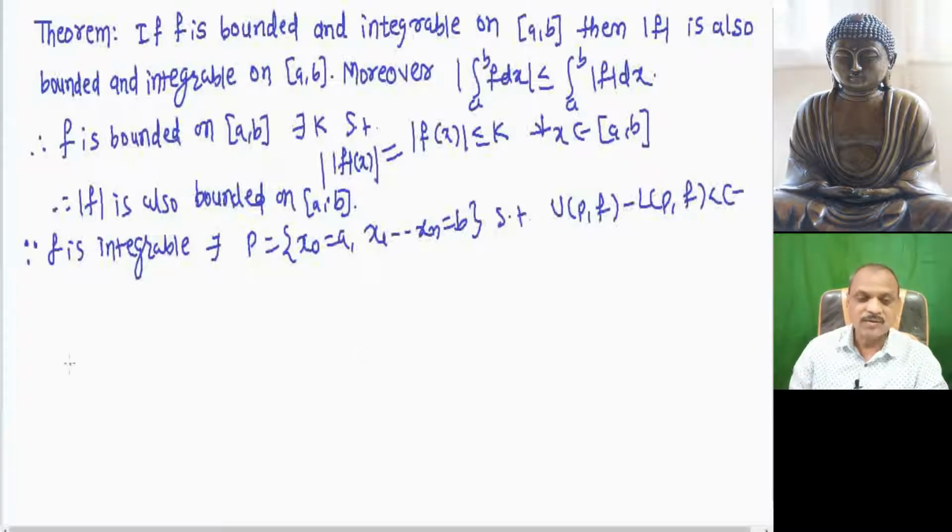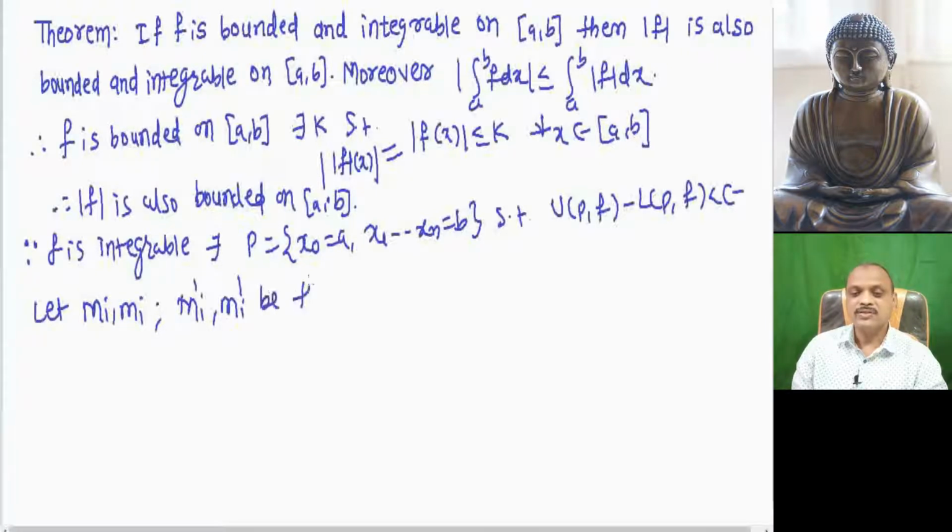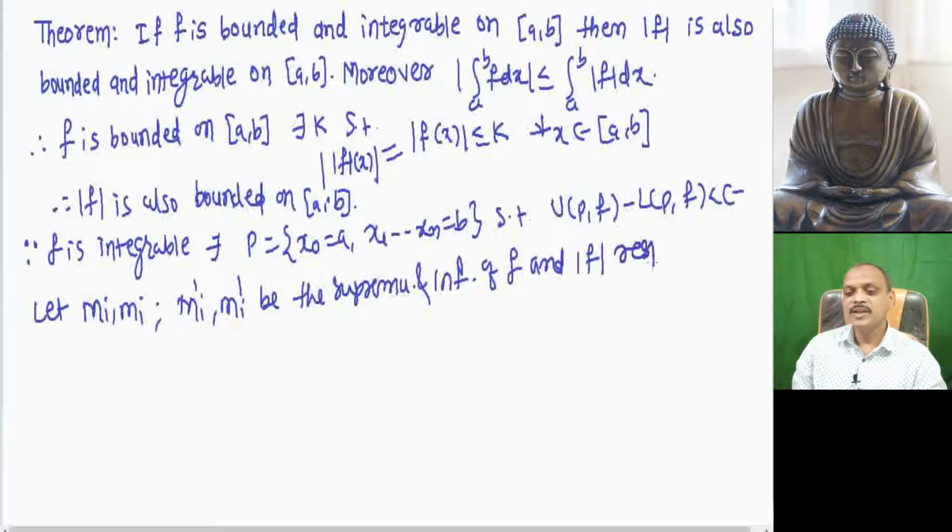Now let capital Mi, small mi; capital Mi dash, small mi dash be the supremum and infimum of f and mod f respectively in delta xi. Let us take this.